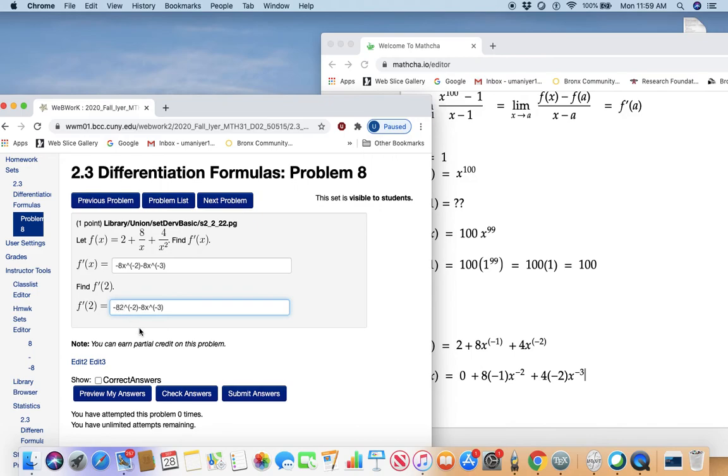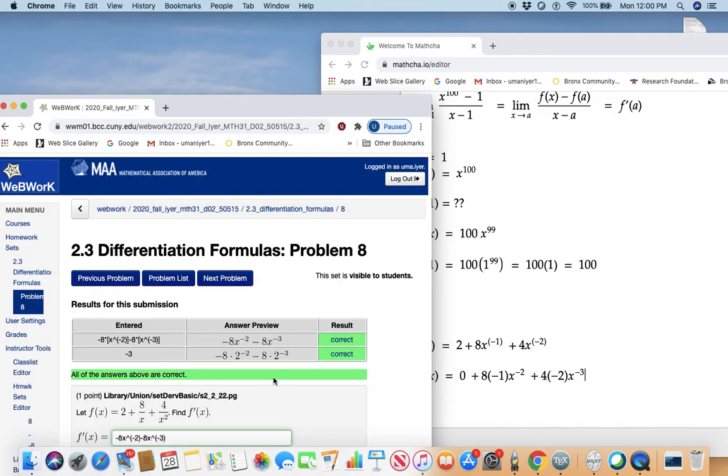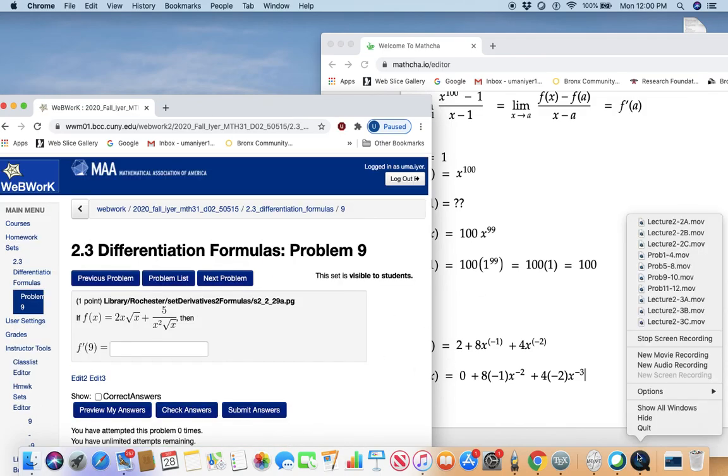Remember, now that looks like 8 to the 2. So I need 8 times 2 to the power all that, minus 8 times 2 to the power all that. So remember parentheses, 8 times all of that. So we'll continue with the next problem in our next video.